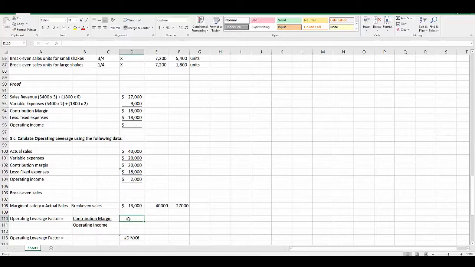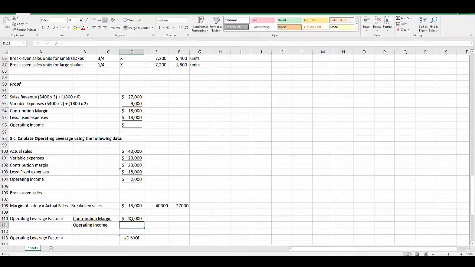Now the next thing we want to look at is operating leverage factor. This is again another shortcut to see what the impact of changing your volume would be. We're going to start off here with your contribution margin. Your contribution margin from up here that you're given is 20,000.